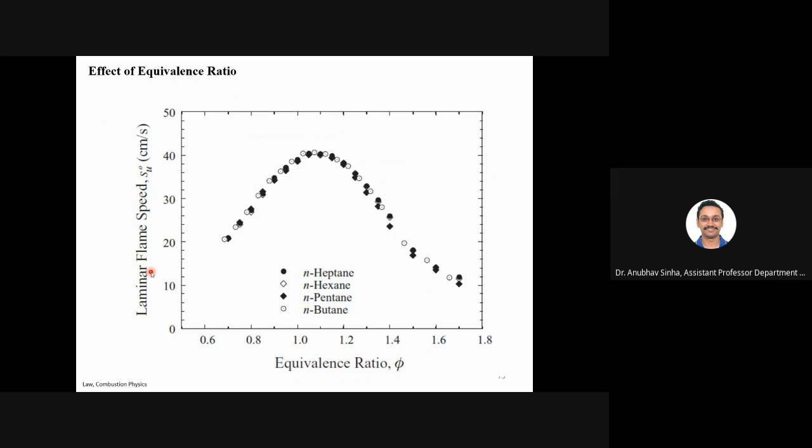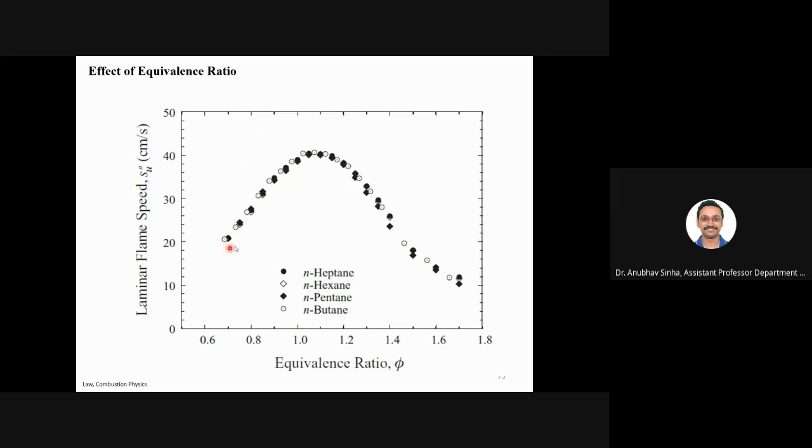Now, finally coming to flame speed. We have seen in the previous slide how the temperature plot looks. The same trend will be followed by flame speed. For different fuels, you can see that slightly richer, around an equivalence ratio of 1.1 or in that range, we get a peak, and then it falls off for rich and lean mixtures. Again, falling is logical because the burning is not complete.